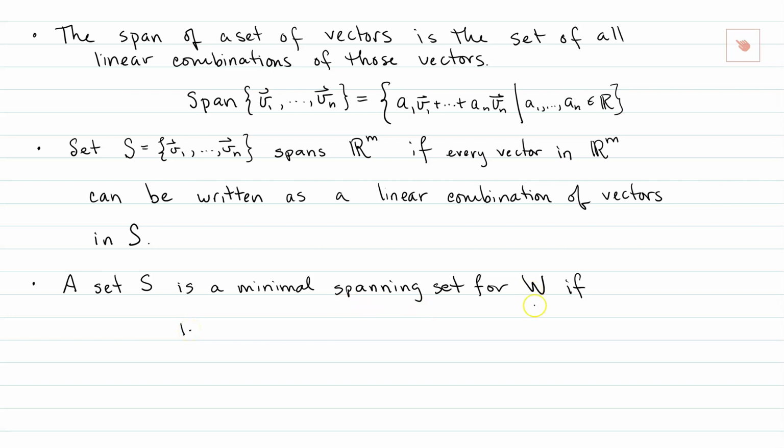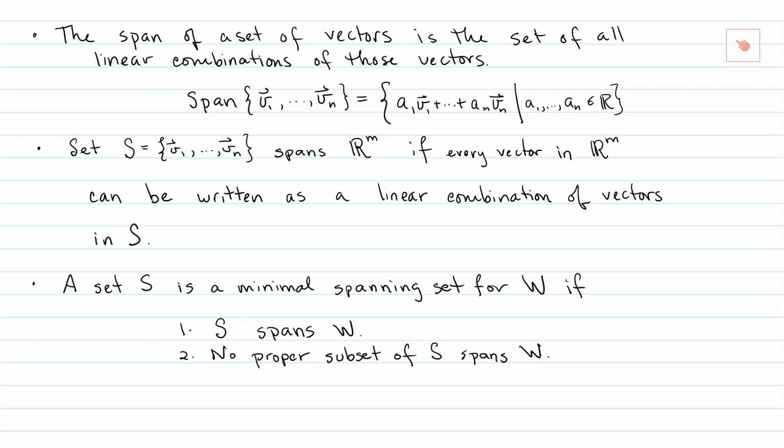It needs to span all of W, and that means that every vector in W can be written as a linear combination of vectors from S. So S has to span W, and moreover, it's minimal in the sense that no proper subset of S will also span W.